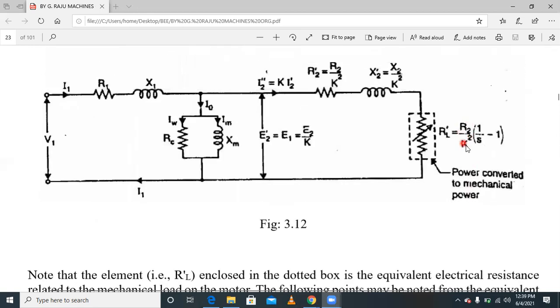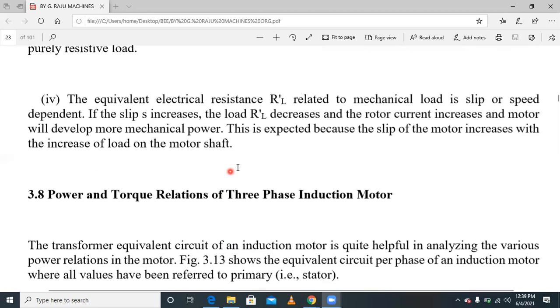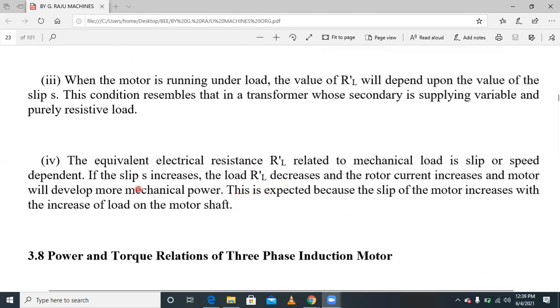So slip is increasing means RL dash is decreasing, and if it is decreasing, the rotor current is increasing. Understood?